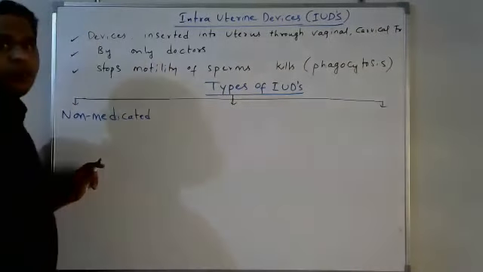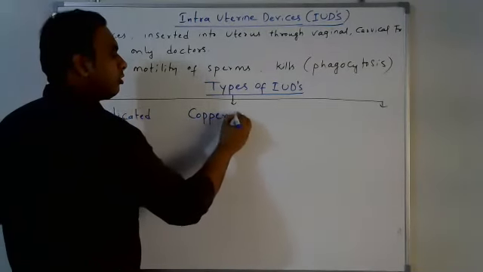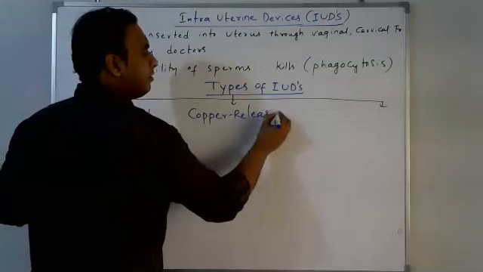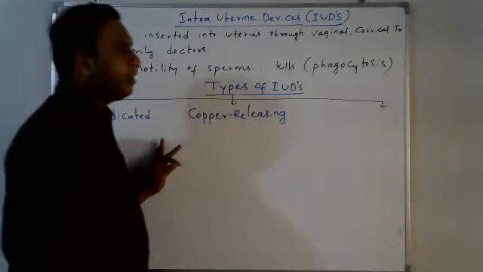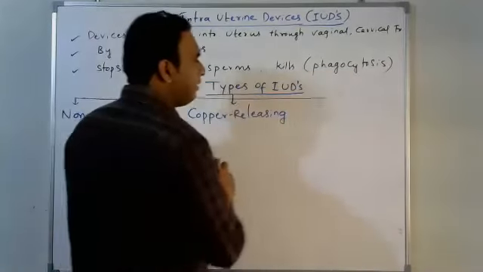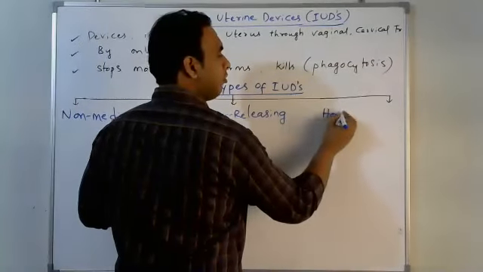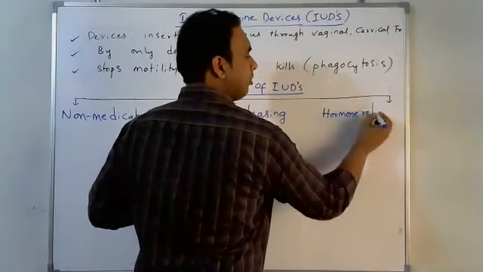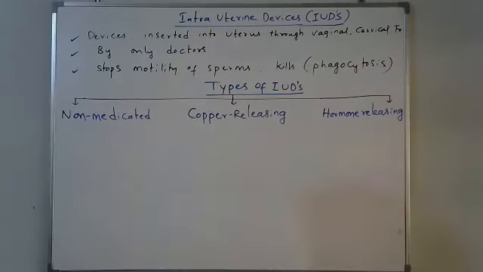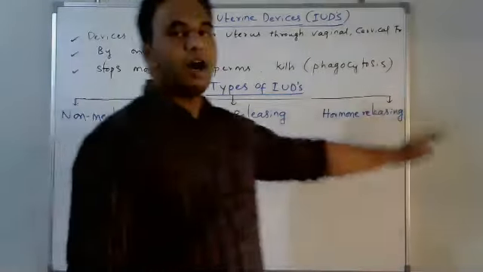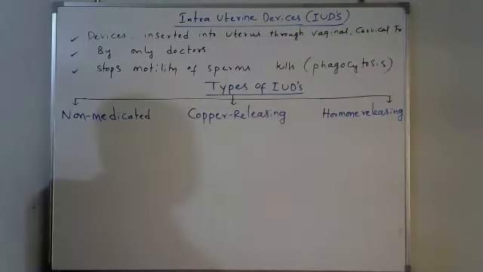Next, copper releasing. And the third type is hormone releasing. Non-medicated, copper releasing, hormone releasing: totally three types of IUDs.